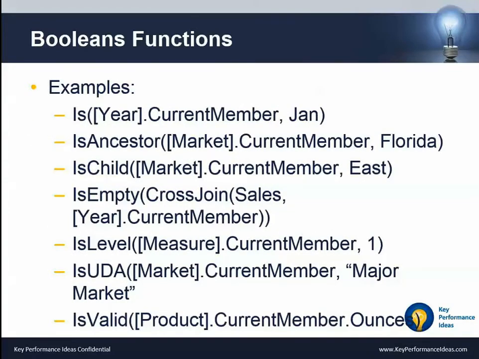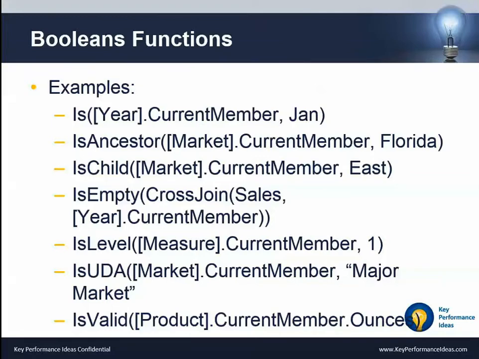So here's a few examples. Is the current member for the year dimension January? Is the ancestor for the current member of market Florida? Is the child of the current member for market East? You can start getting fancy and joining and doing a set and saying, is the set of sales in the current member for year empty?